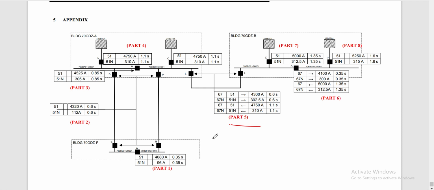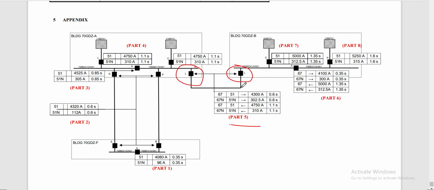For our video right now, we will be discussing this crosstie connection between building A 11 kV switchgear and building B 11 kV switchgear. So we have here on your screen 2 types, actually 4 types of relays.